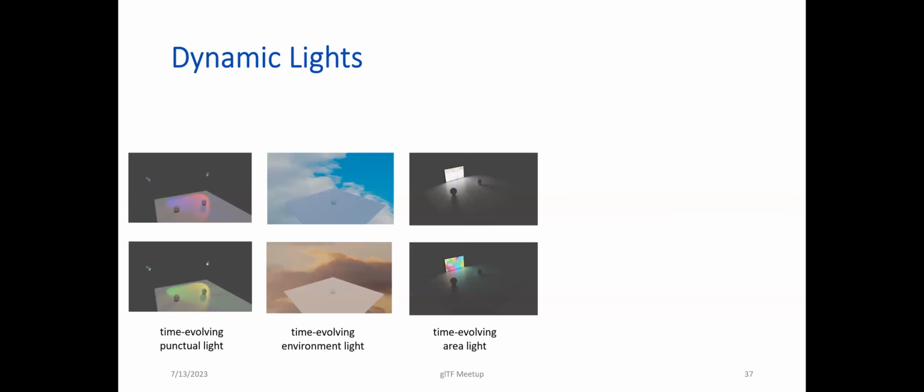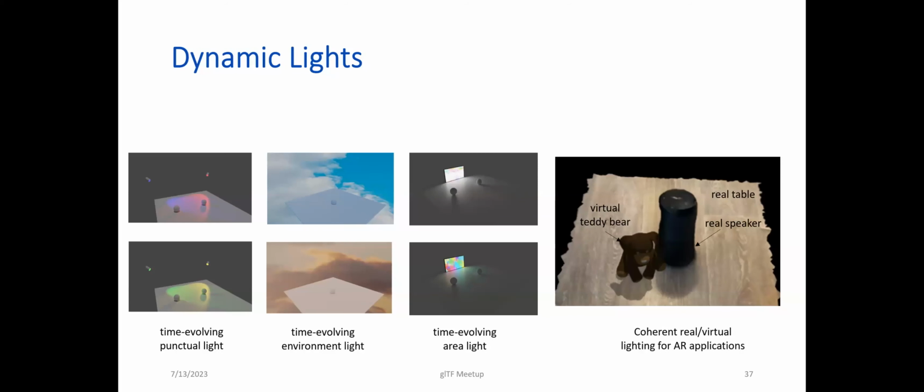Dynamic lighting is another extension that we're developing, or set of extensions. So it allows you to add image-based lighting that is dynamic. So it's more like a video in a sense, where the coefficients can change over time, like the reflectance coefficients can change dynamically.